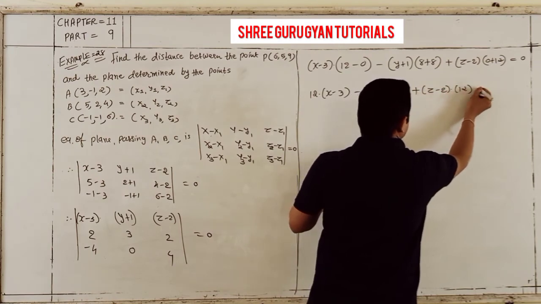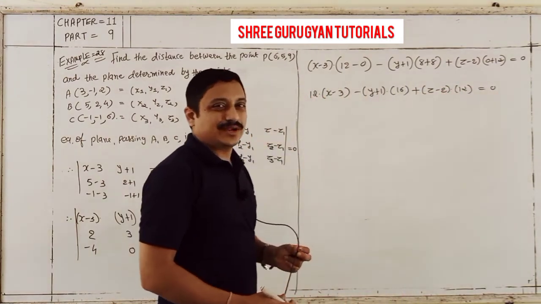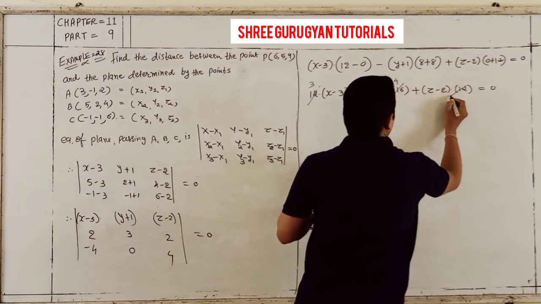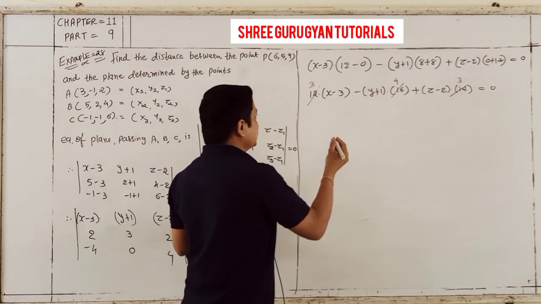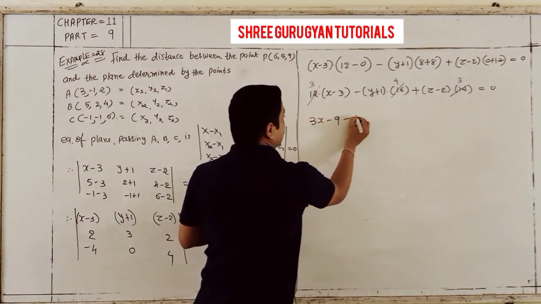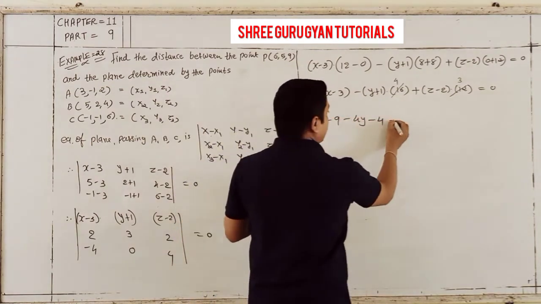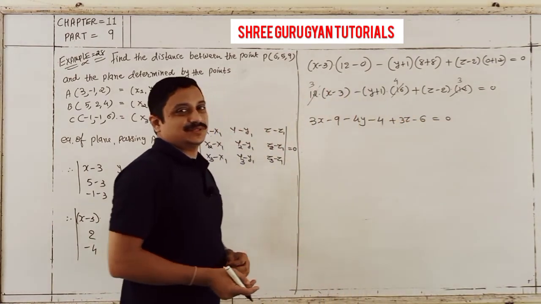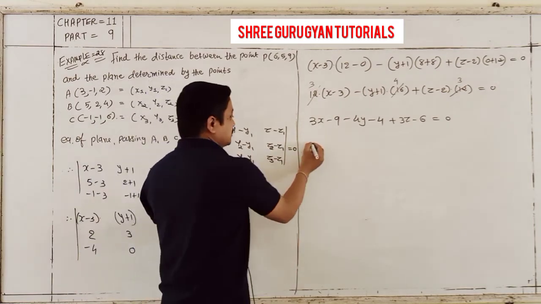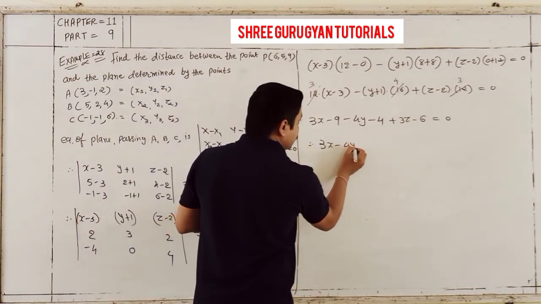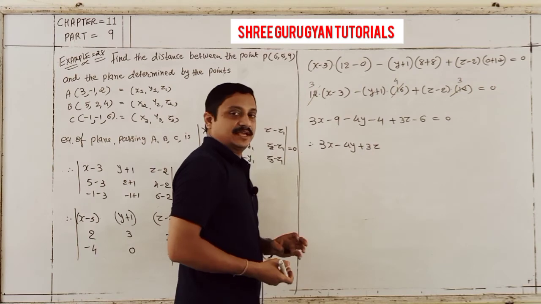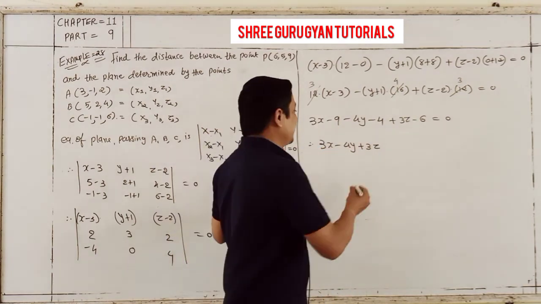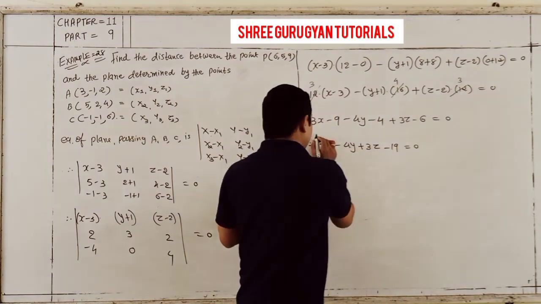Overall the 4s cancel, so my answer is 3x minus 9, 4y minus 4, and 3z minus 6. Now easily your answer, students: 3x minus 4y plus 3z, and it will be 9 and 6 is 15, 15 and 4 is 19. That's your plane derived.